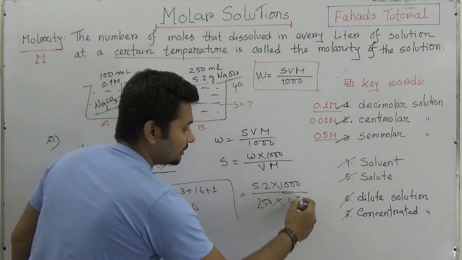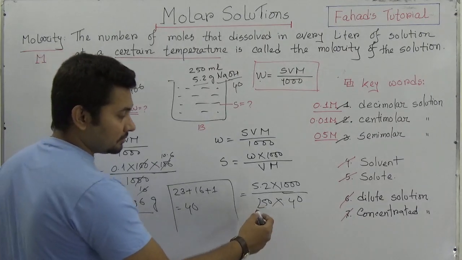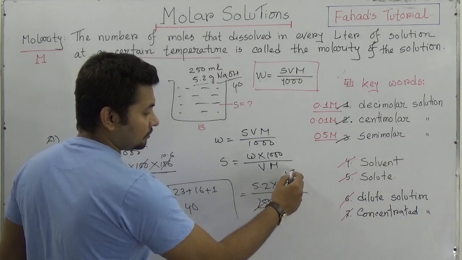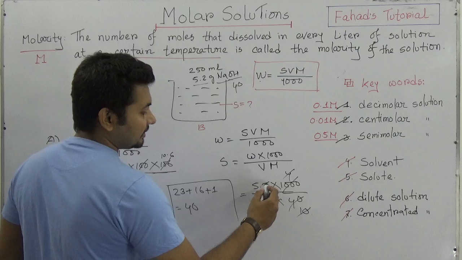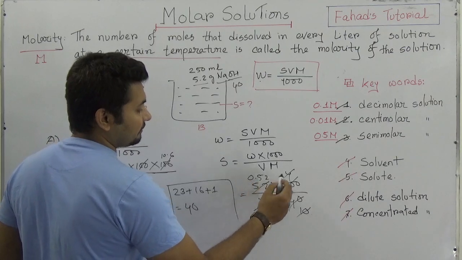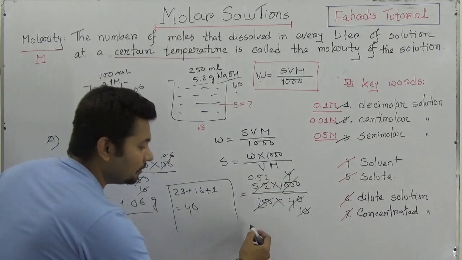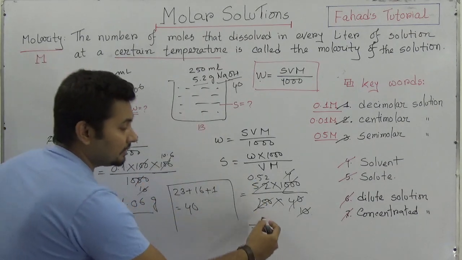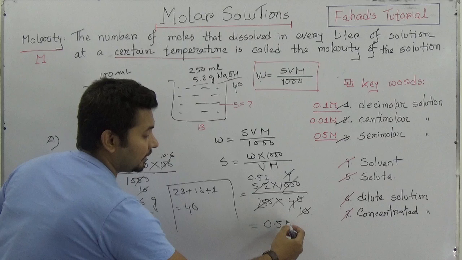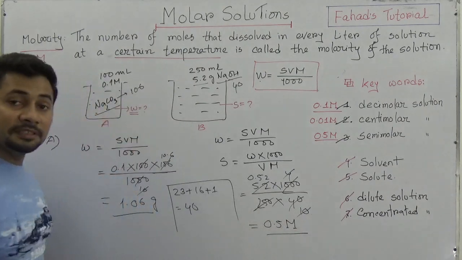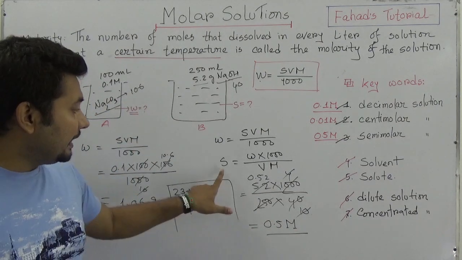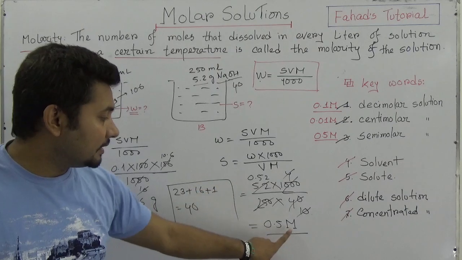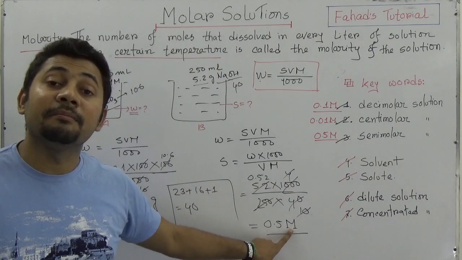So here should be 40. So we can do it like 250 by 1000, 4 by 40, 10, and 10 by 5.2 is 0.52. So the molarity of this solution is 0.5 molar. That means when there is S on your left hand side, the answer should be in molar.